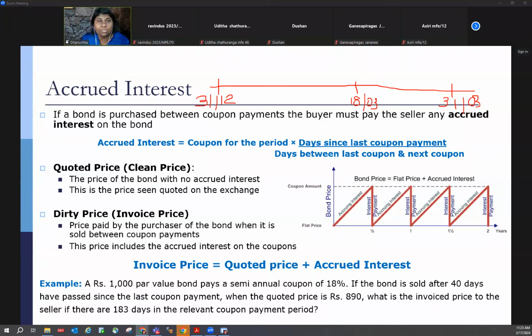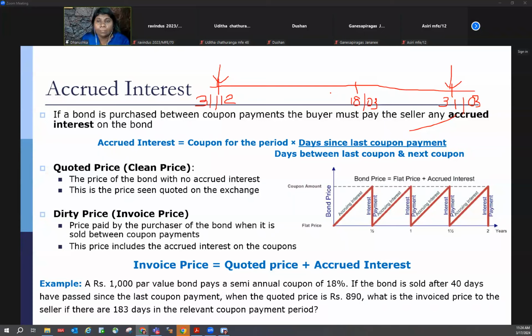Now, I'm a person who held this bond all this time, and I decide I want to sell the bond in between the coupon payment dates. Here a coupon will be paid, here a coupon will be paid, but I decide to sell on an in-between date, the 18th of March.